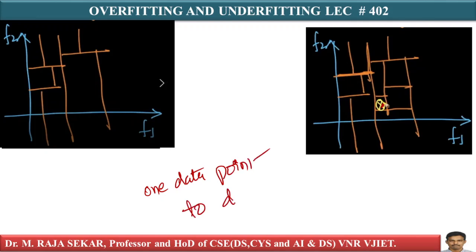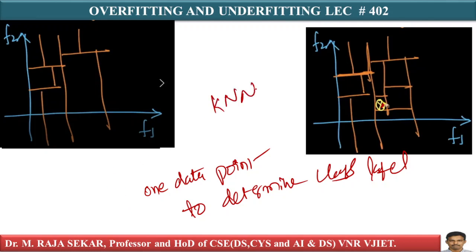To determine its class label, isn't it? This is sort of k nearest neighbors with k equal to 1, with one nearest neighbor. If you think about it intuitively, what happens?